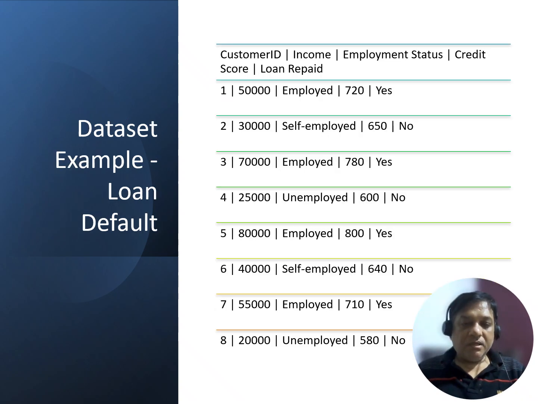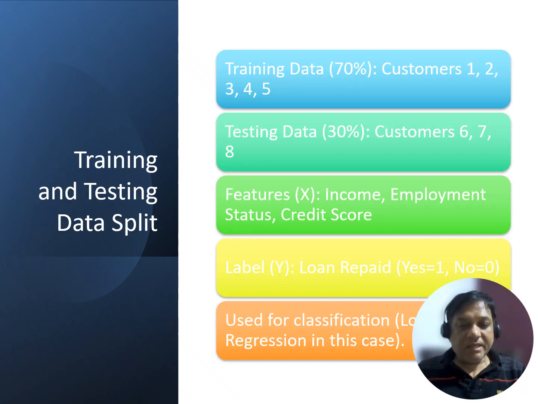Example. In this data set, if you see the income, these are 20,000, 50,000. Employment status is employed or unemployed. Credit score is here. And then loan repaid is yes, no, yes, no, yes, no, yes, no. So the output is loan repaid, yes or no. Then comes the training and testing data split.